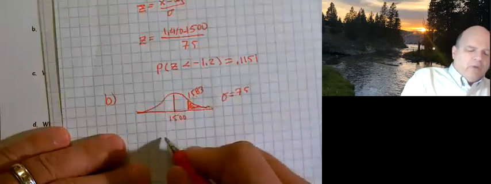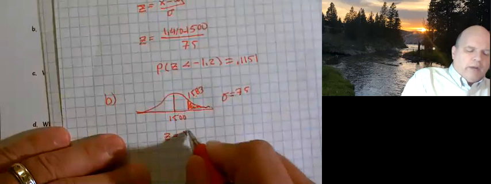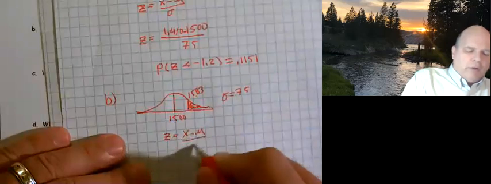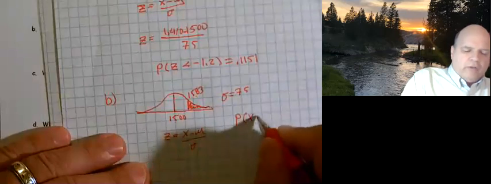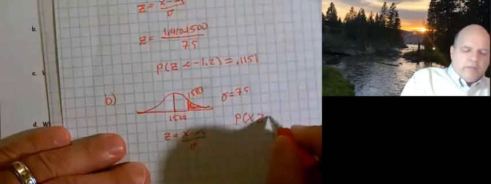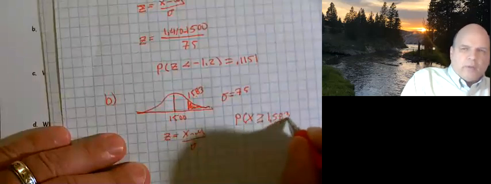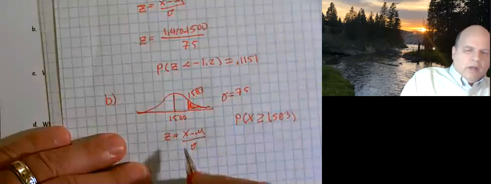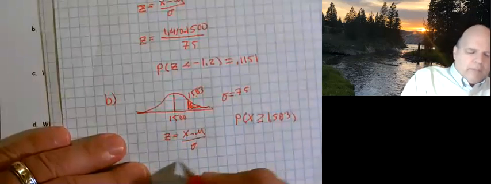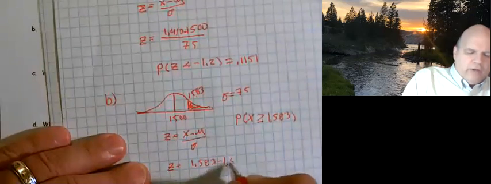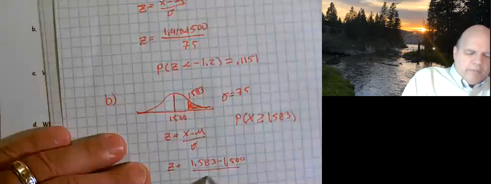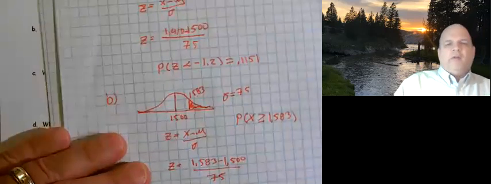So here we go. Z equals x minus mu over sigma. And what I should write is the probability that x is greater than 1,583. That's what we're looking for. Plugging into the formula, I end up with z equals 1,583 minus the 1,500 divided by the 75.